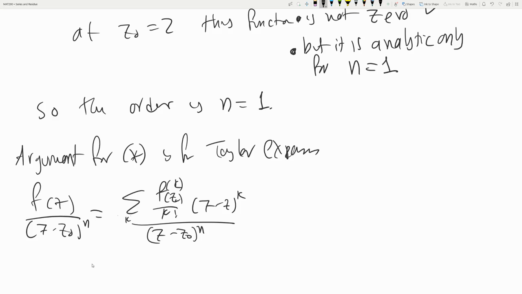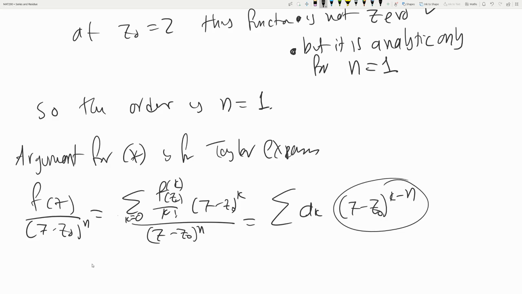Now we want this to be analytic, and so let me write a_k (z minus z naught) to the k minus n. First of all, we want the exponent to be non-negative, so we want k to be bigger than or equal to n. We don't want to have things of this form with negative powers.